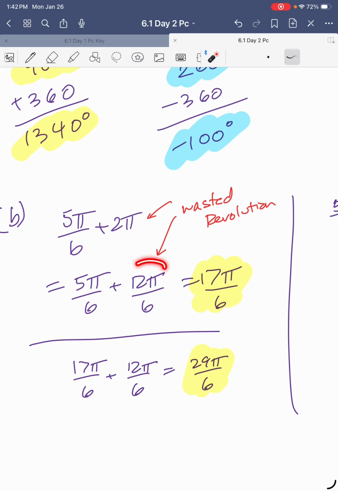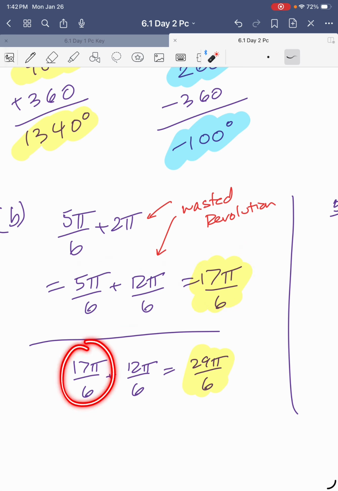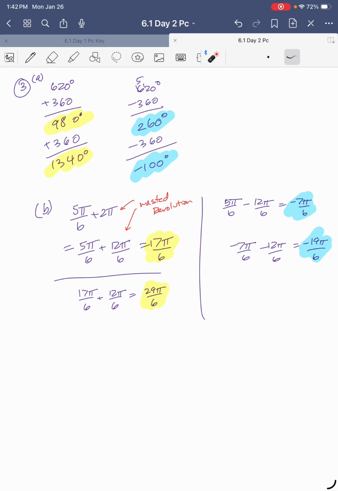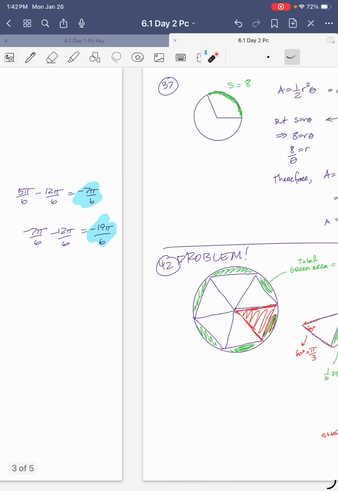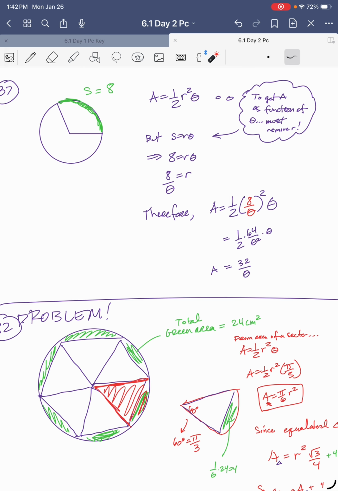So when I add these, I get 17 pi over 6. If I add another wasted revolution, 12 pi over 6, I end up getting 29 pi over 6. If I subtract a revolution, again, I'm subtracting 12 pi over 6 because my stuff has over 6 in it.